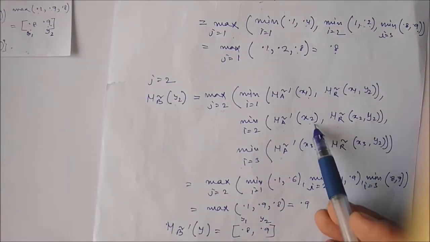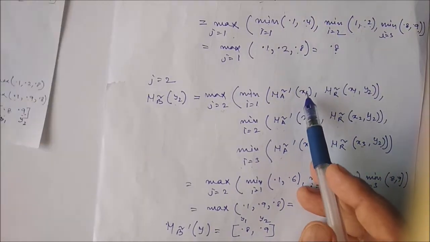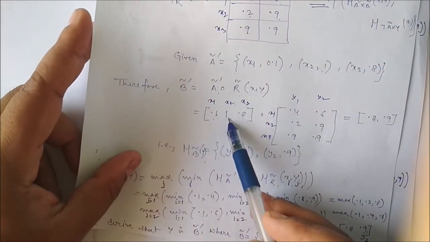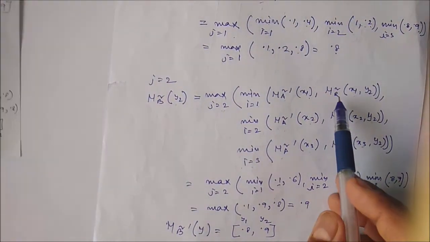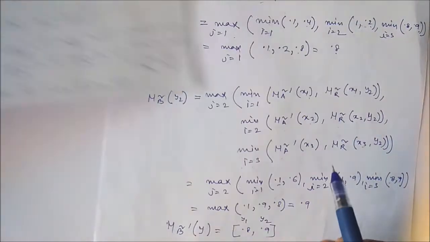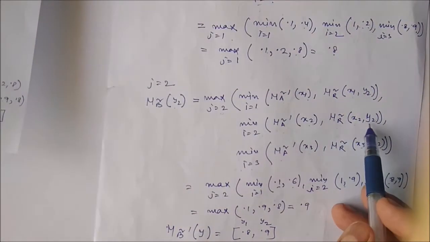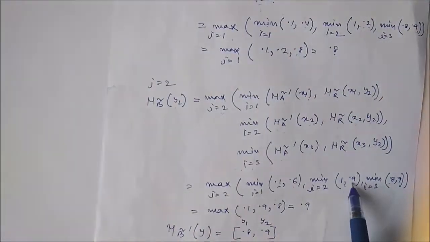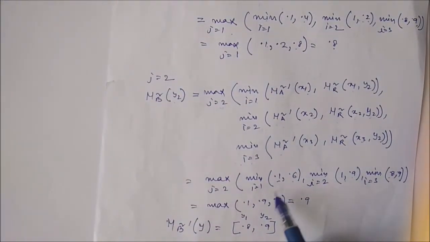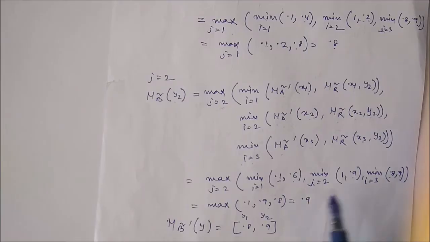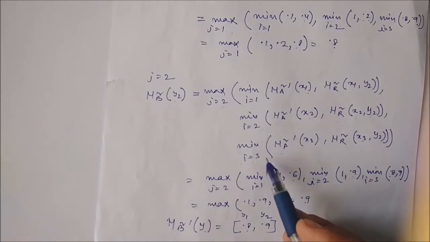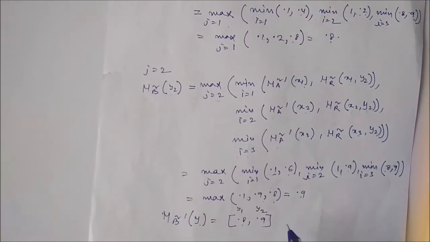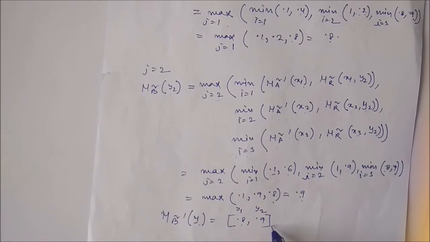Mu a dash values are 0.1, 1, 0.8, and mu r x1 y2 is 0.6, x2 y2 is 0.9, x3 y2 is 0.9. The minimums are 0.1, 0.9, 0.8, and the maximum is 0.9. So the mu b dash y is 0.8 and 0.9.